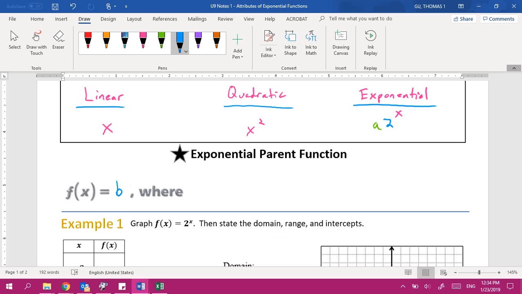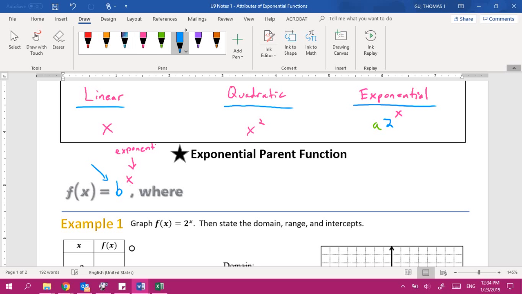That lets you know it's the base. b is a constant number, but it changes from problem to problem. But it's going to be a solid number, all right? Now x is going to be the exponent. Label this. x is the exponent. That's why it's called the exponential function, because x is your exponent.